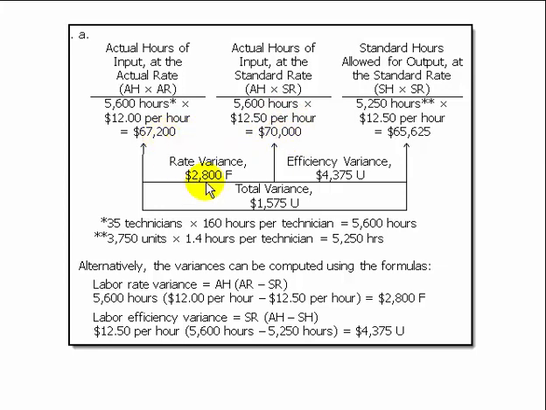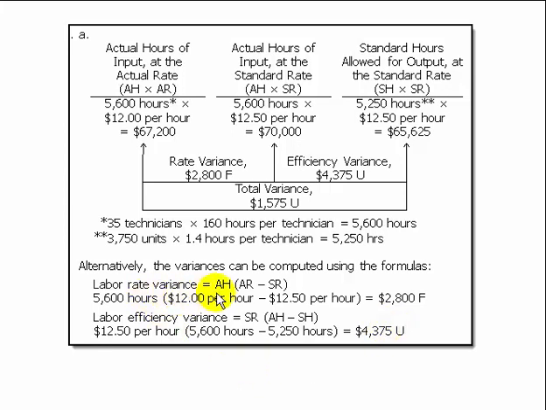We see we've got a $2,800 favorable rate variance, and then we compare the 70,000 middle ground to the 65,625 standard hours at standard rate, and we wind up with a $4,375 unfavorable variance. Now if we add the unfavorable to the 2,800 favorable, we wind up with a total variance of $1,575 unfavorable.